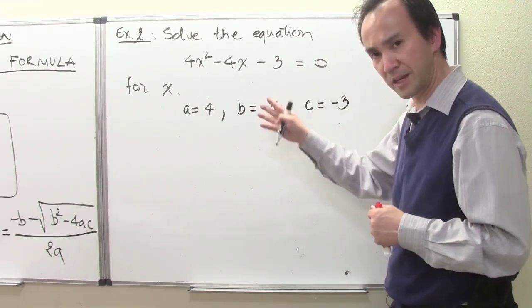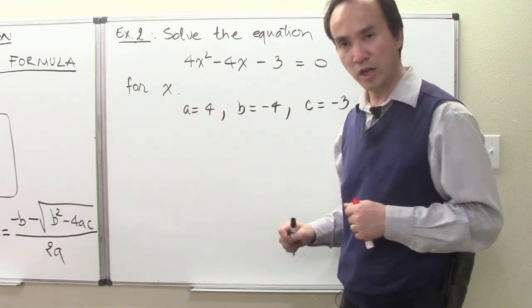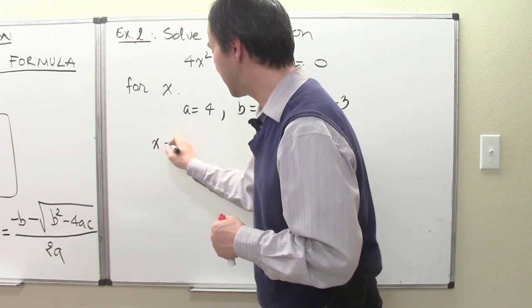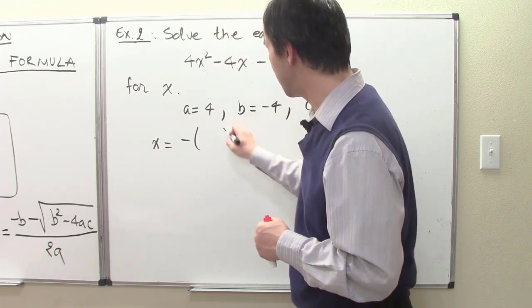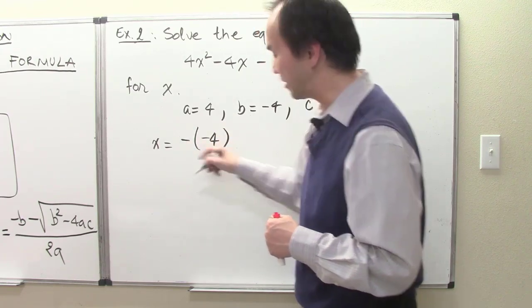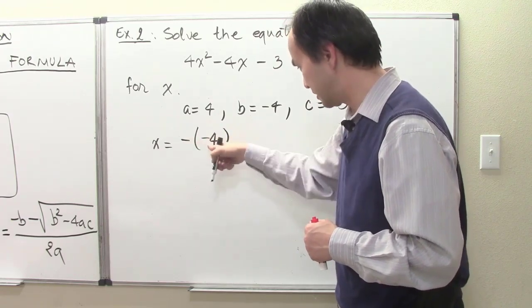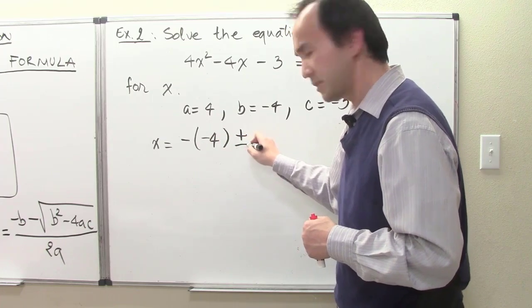The next step is simply to put all of these values into the quadratic formula. The quadratic formula says x can be found by minus b. But here b is negative 4, so this minus sign is part of the formula, and the negative 4 is the actual value of b. So minus negative 4, and I put negative 4 in parentheses, plus or minus as part of the formula.